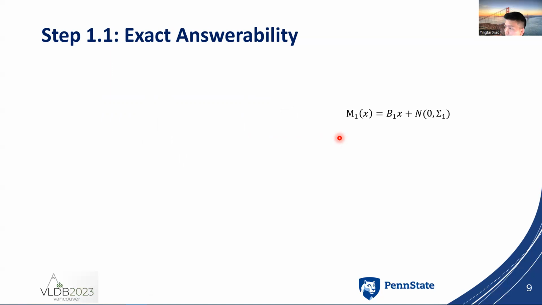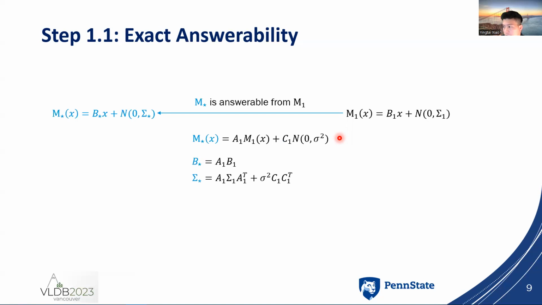For an original mechanism M1, we say that another mechanism M star is answerable from M1 if there exist some coefficients such that we can do a linear transformation from M1 to M star. Basically, B star is a linear combination of the rows of B1, and sigma star is also a linear transformation, adding some noise.